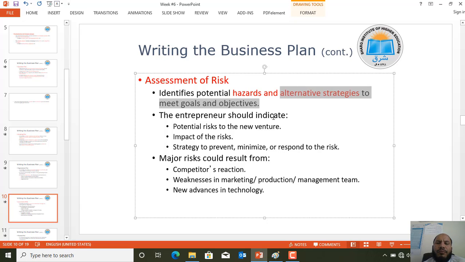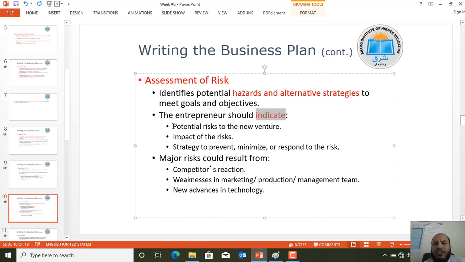So before the risk occurs, we will have an already existing policy, and if we face that risk, we will use that policy to meet and to mitigate the level of risk and to meet the objectives and goals of the business. So entrepreneurs should try their best to find out the following risks.